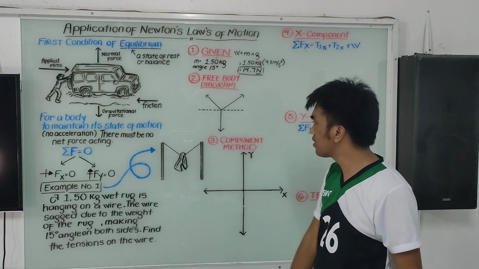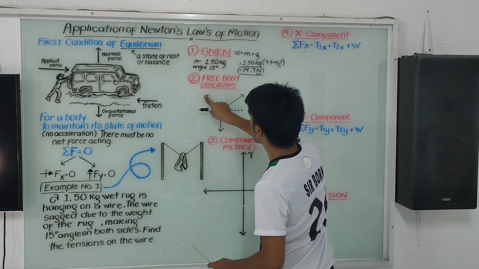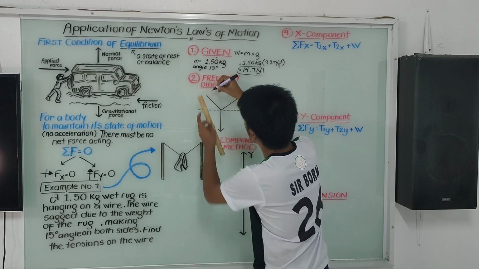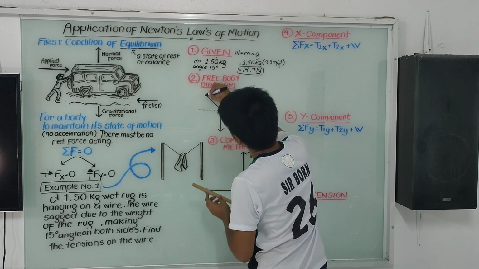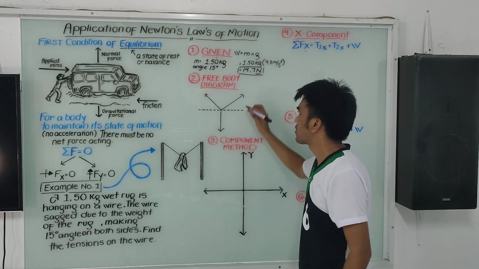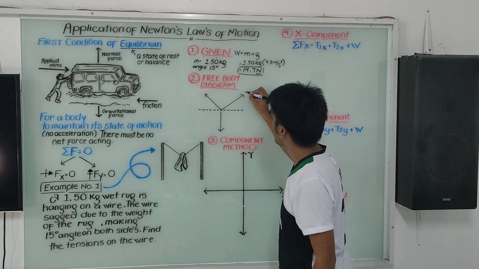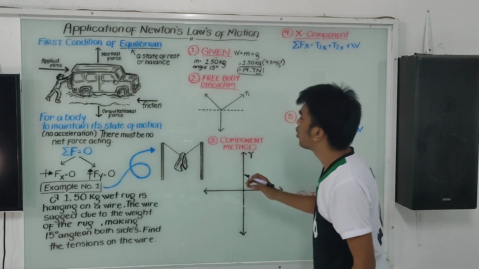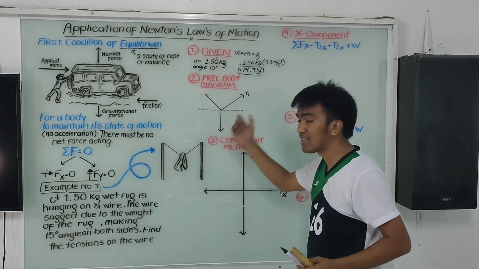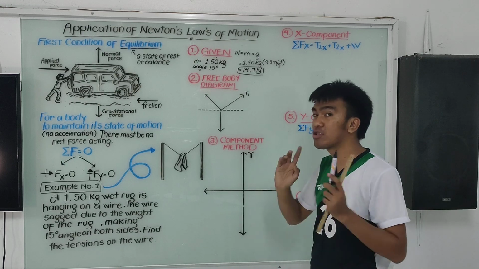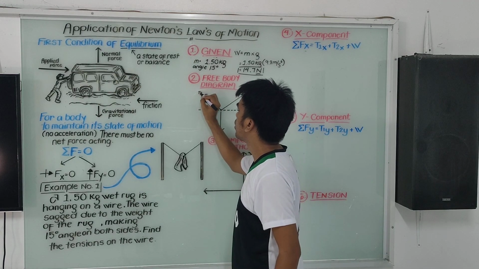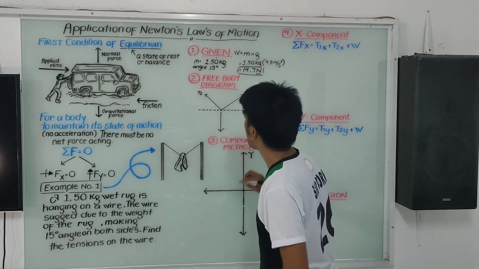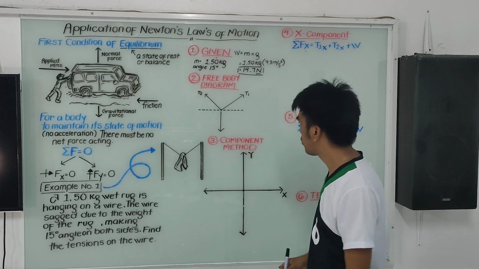Of course not. We need to label it. So the purpose of this, just like what I mentioned, is for us to identify the forces acting on the object. So this one is our tension 1. Remember that the right side will always be the tension 1. And the left side will always be our tension 2.